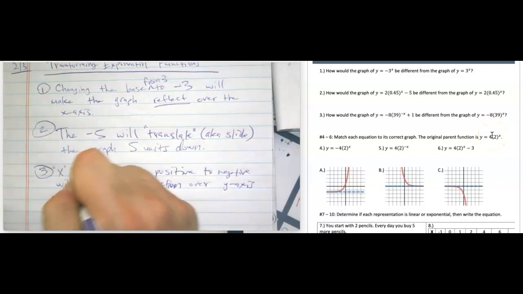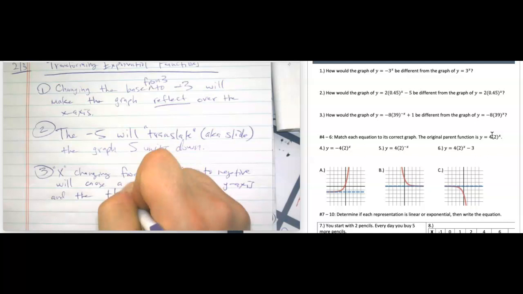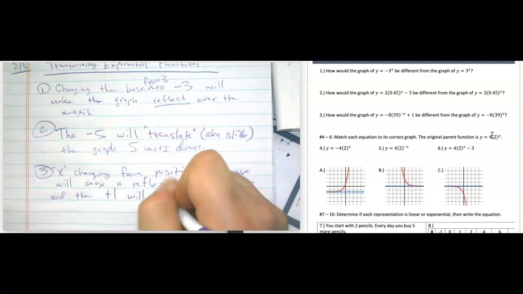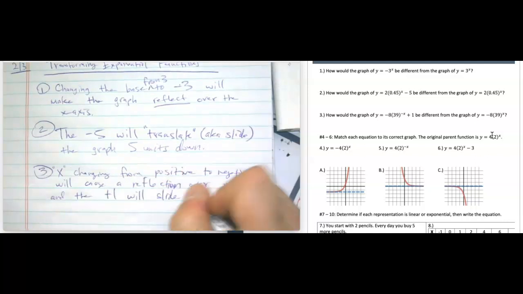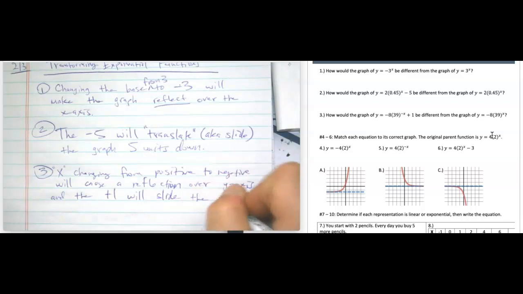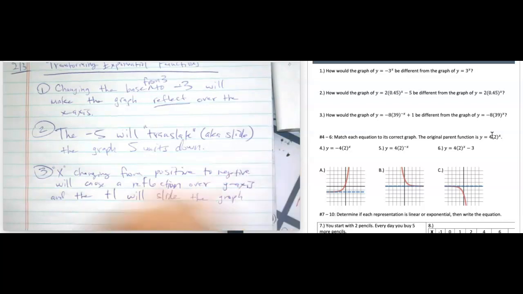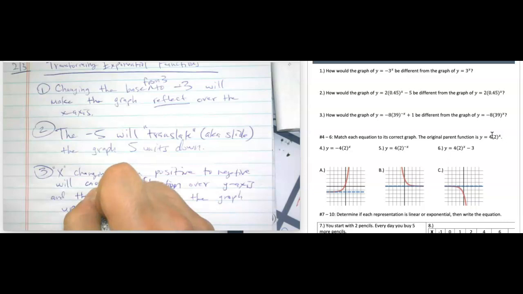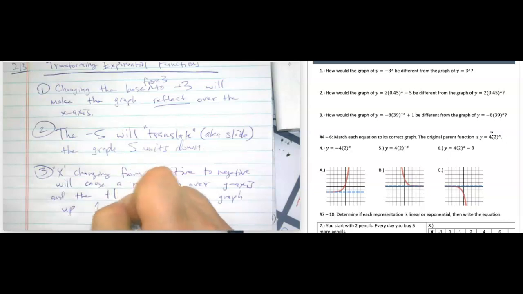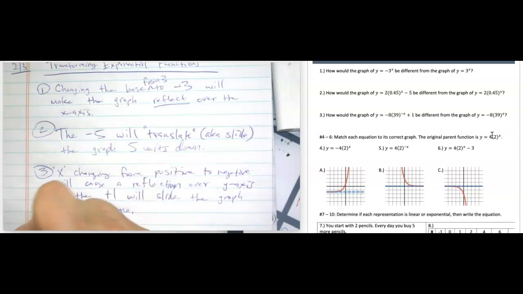But how's the plus 1 going to change it? Because not only does the x change from positive to negative, it also has a plus 1 that this one doesn't have. So the plus 1 will slide the graph, or translate the graph, up one space. So there's that.